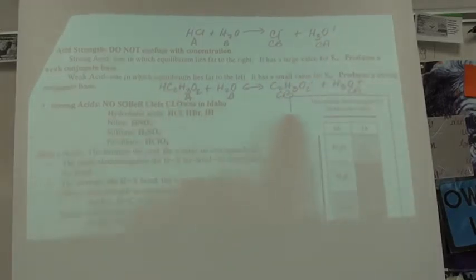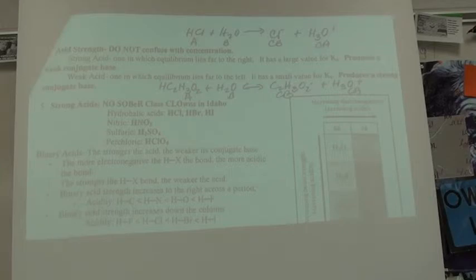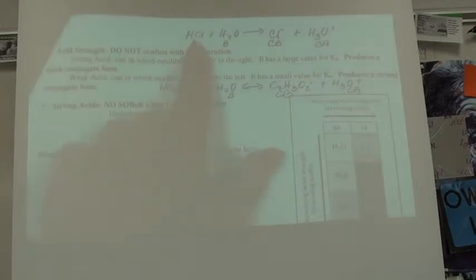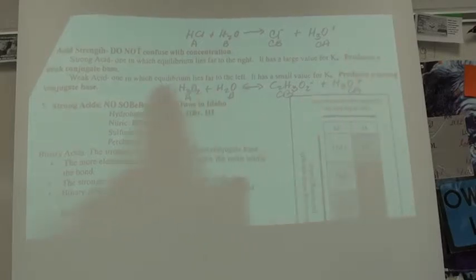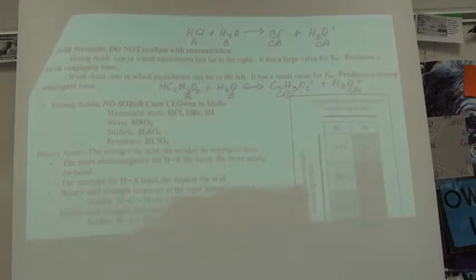A weak acid produces a strong conjugate base. It is more likely to pull this proton off and go this way. Does that make sense? Absolutely. This is a one-way direction. This has the possibility to go both ways.